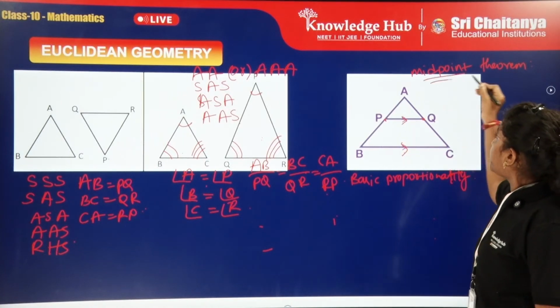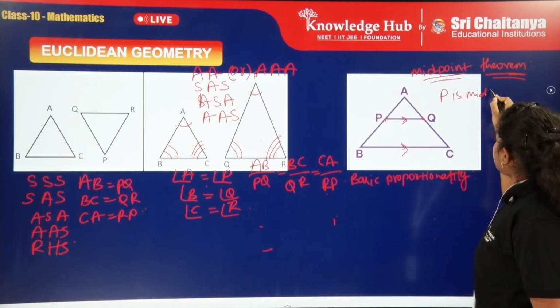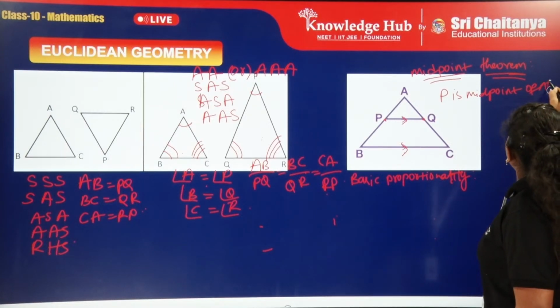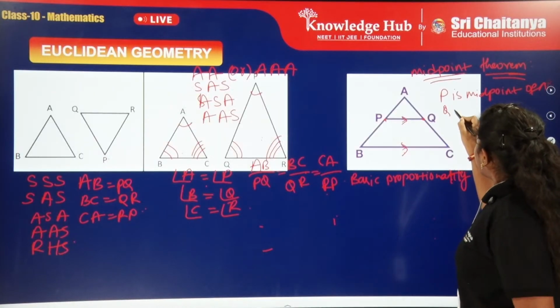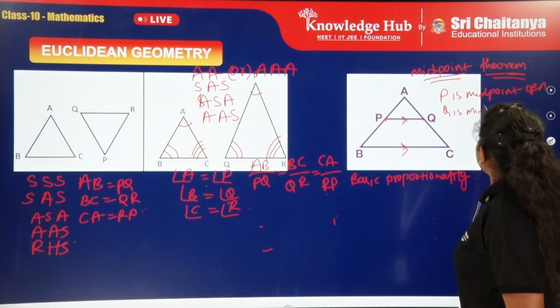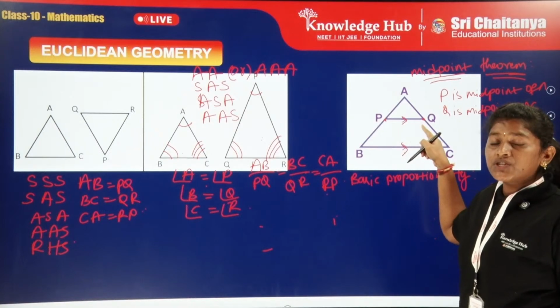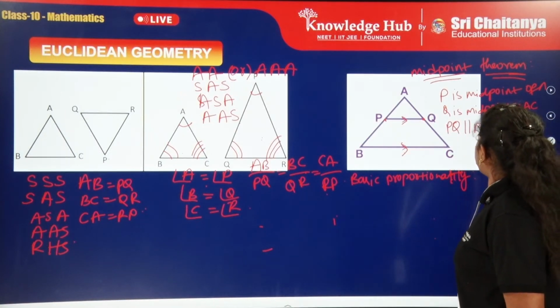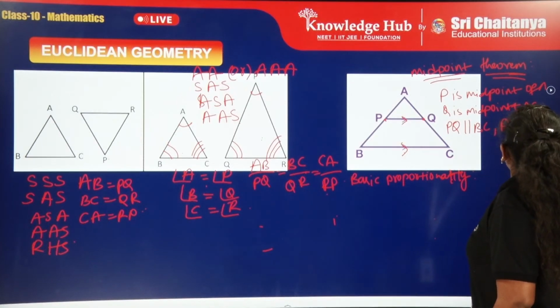Okay, so in the midpoint theorem, P is the midpoint of AB and Q is the midpoint of AC. Now if you observe, we have a line PQ which is joining the two midpoints. So from this you will get PQ parallel to BC and PQ equals half of BC.